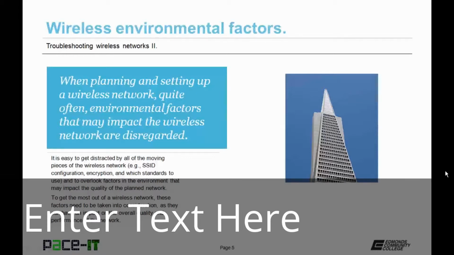Dealing with these often leads to overlooking factors in the environment that may impact the quality of the planned network. To get the most out of a wireless network, these factors need to be taken into consideration as they can have a major impact on the overall quality and performance of the installed network.